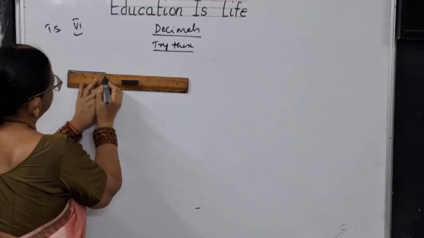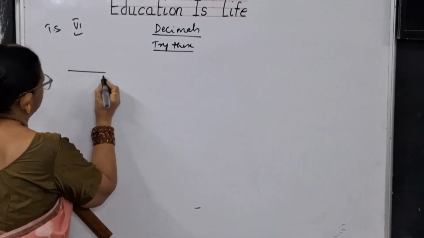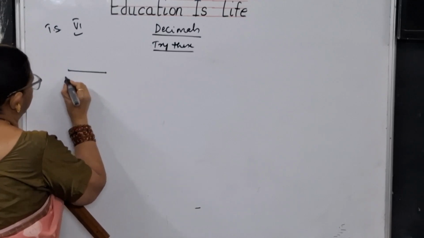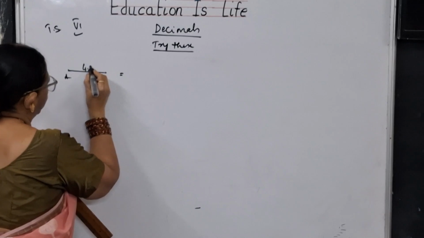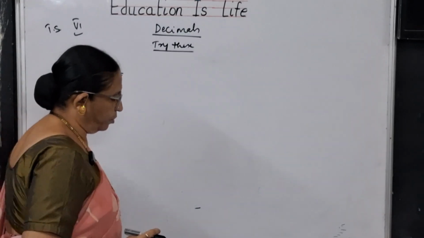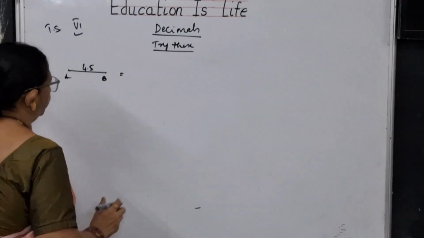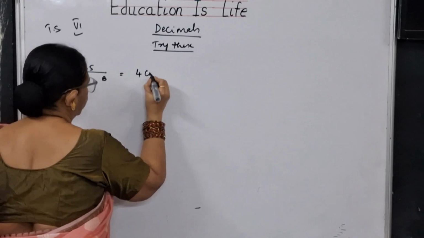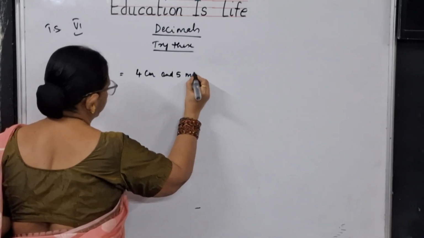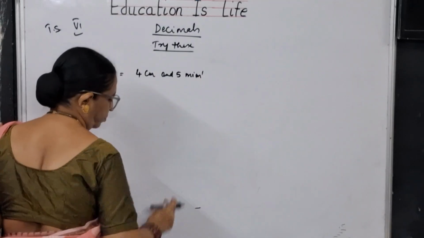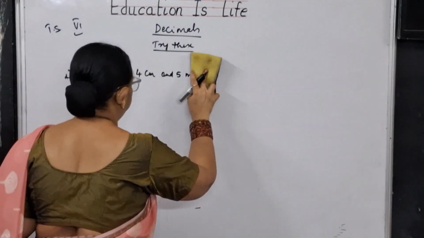This whole length AB, I have got its measure as 4.5. 4.5 means 4 centimeters and 5 millimeters.